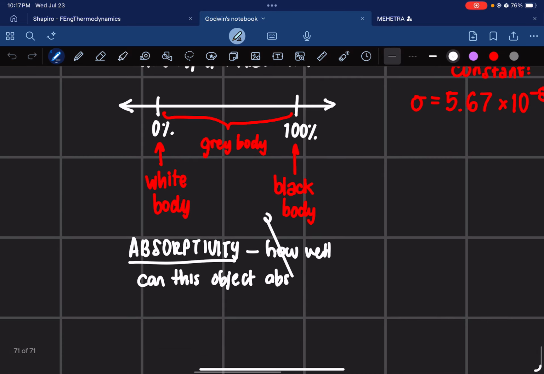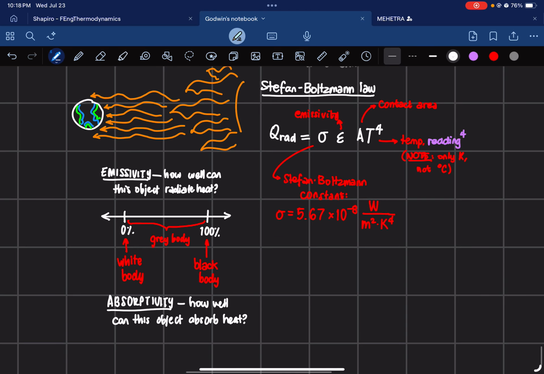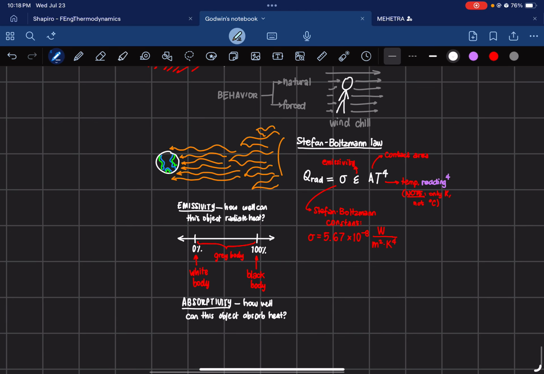Absorb heat, right? So if a black body can emit 100% of heat, that also means this is a double-edged sword, and it can also absorb the most amount of heat. That is our difference, or rather, that is our Stefan-Boltzmann law, the very simplified version of it.